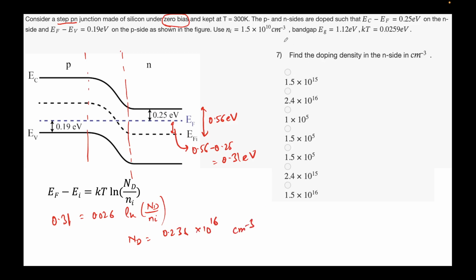Units is cm minus 3, because remember Ni was in cm minus 3, right? So we approximate it as 2.4 into 10 to the power 15 cm minus 3.